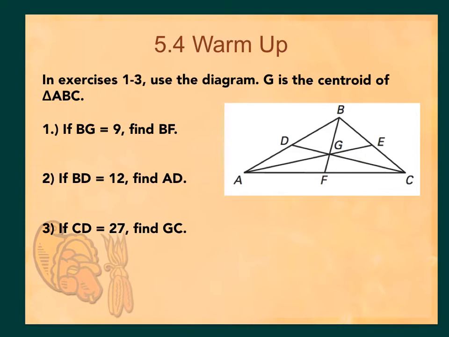It says in exercises 1 to 3, use the diagram to use the centroid of triangle ABC. So the fact that it's a centroid is telling you that those are medians, and from the point where they meet to the vertex would be 2/3 the length of the whole segment. So if BG, if this one here is 9, how do I find BF?